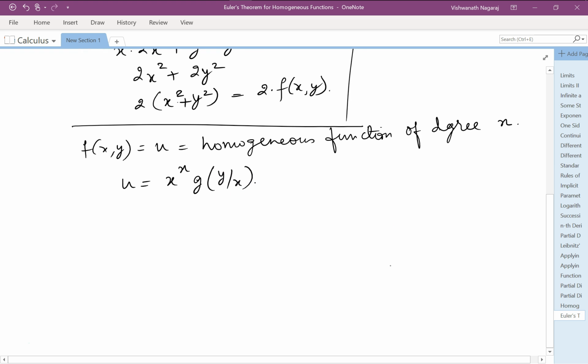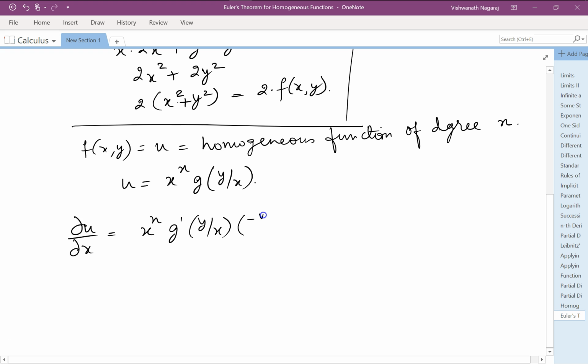Yes, now let's partially differentiate it with respect to x. So ∂u/∂x is equal to x to the power of n as it is, and g prime of y by x, and then we have to differentiate y by x.